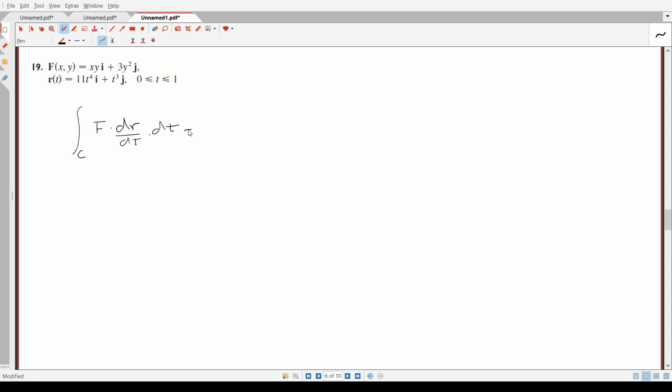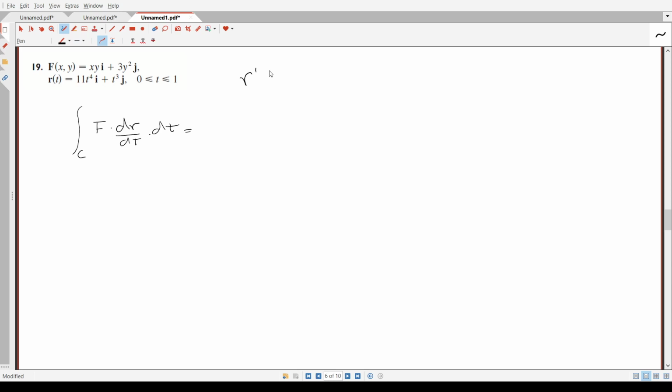Okay, so I'm going to do the same thing I did before, except I have to remember that dr/dt now is a vector, and I do the dot product with f. Before, I had the magnitude of dr/dt. Now I have a dot product.